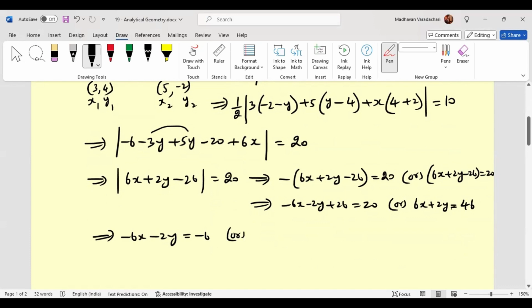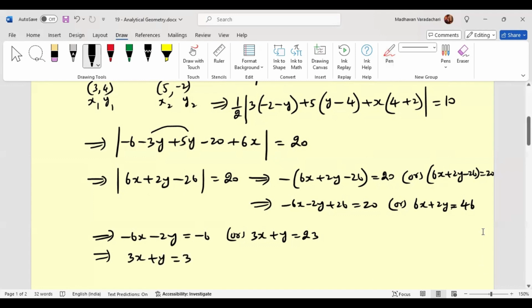Let us simplify this equation by dividing both sides by 2. You will get 3x plus y equal to 23. This side we will divide both sides with -2. We will get 3x plus y equal to 3.